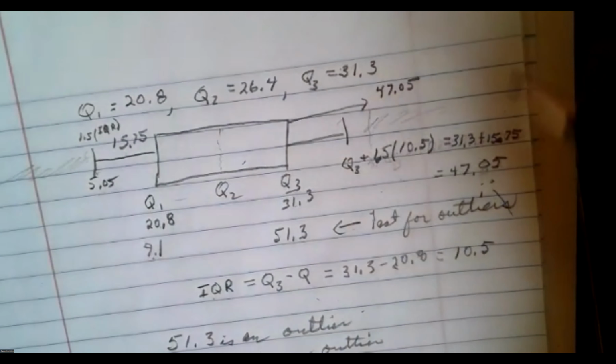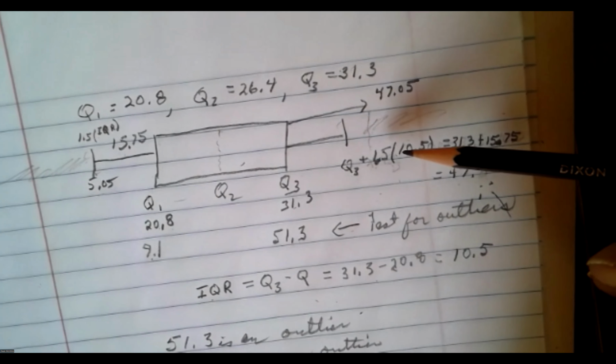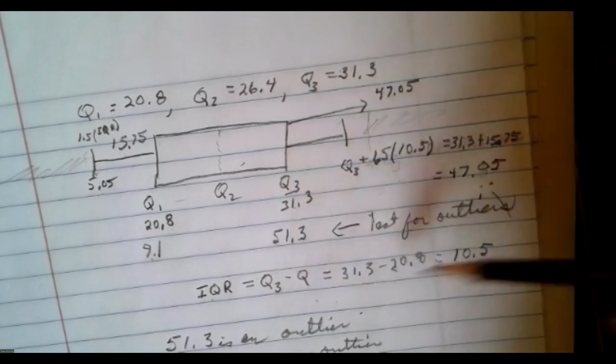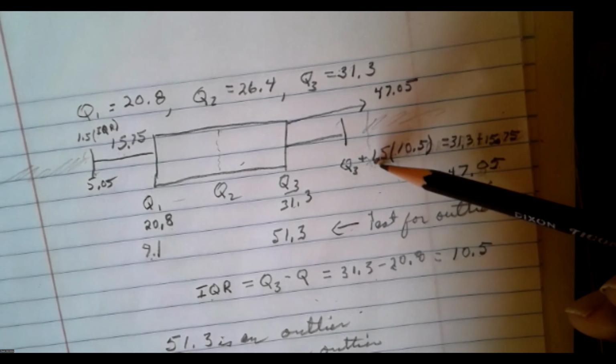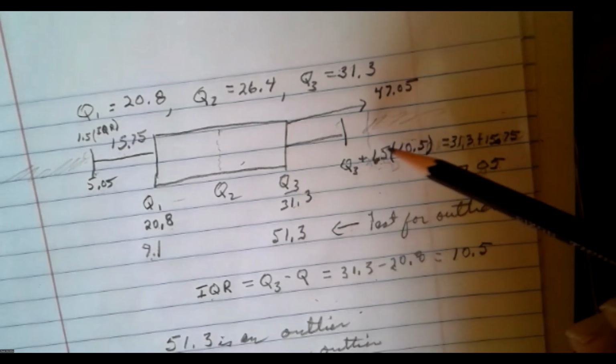Okay. To find an outlier, what you do is take the interquartile range, which is right here, which is 10.5, multiply it times 1.5, and add it to Q3.